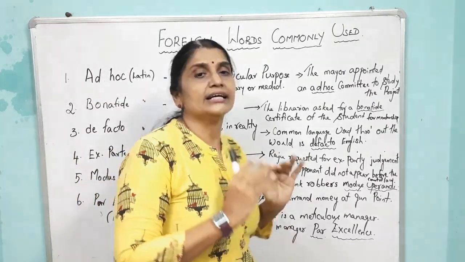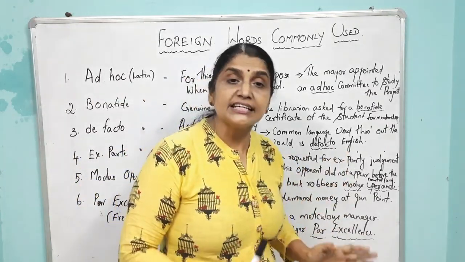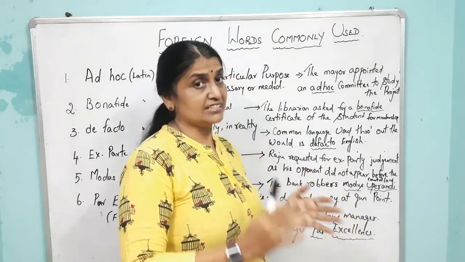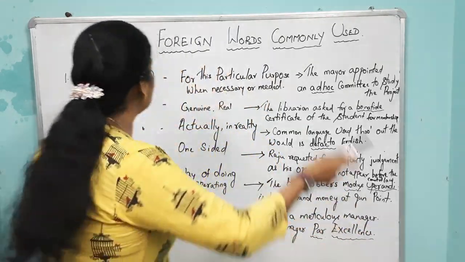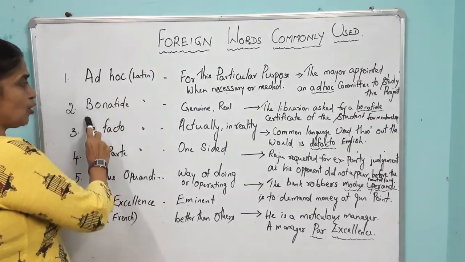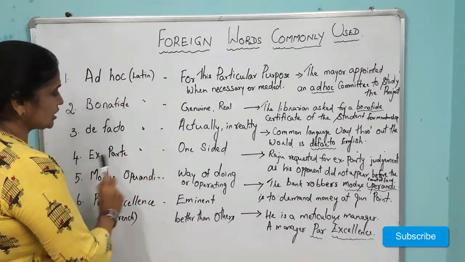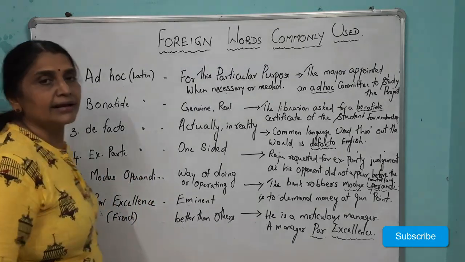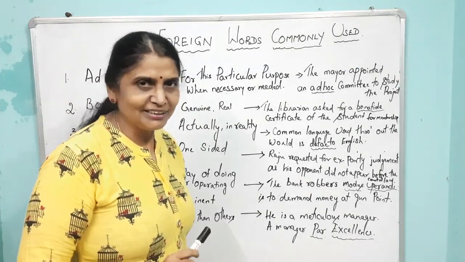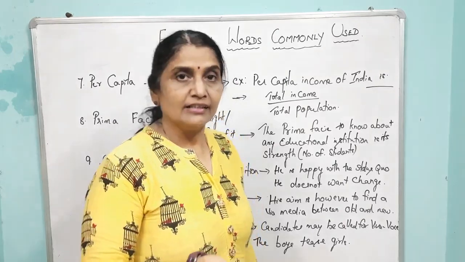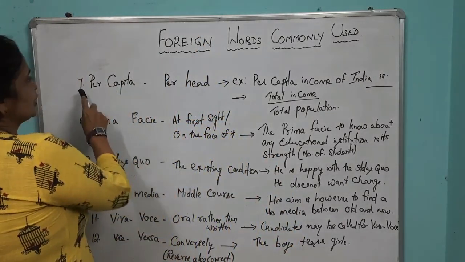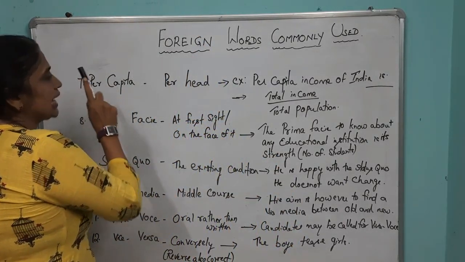We use the word in that context. So what are the 6 words or phrases we've learned from other languages? Ad hoc, bonafide, de facto, ex parte, modus operandi, par excellence. Okay, clear?